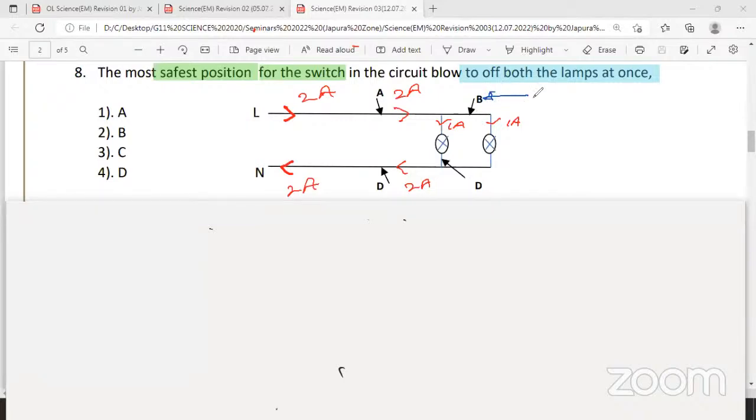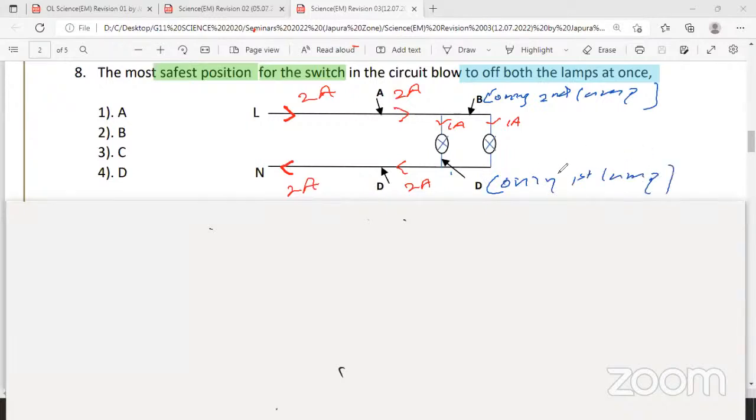At B, if you put the switch, only the second lamp can be turned off, not the first lamp. If you put the switch at D, only the first lamp.